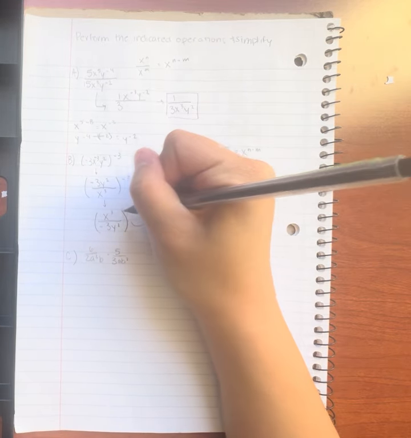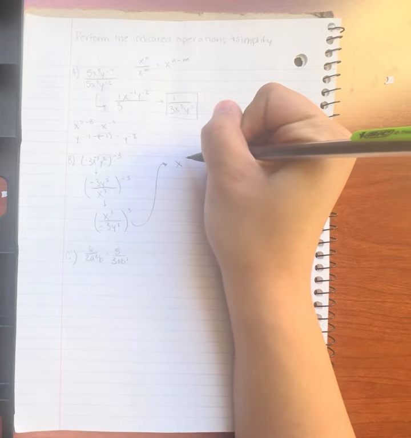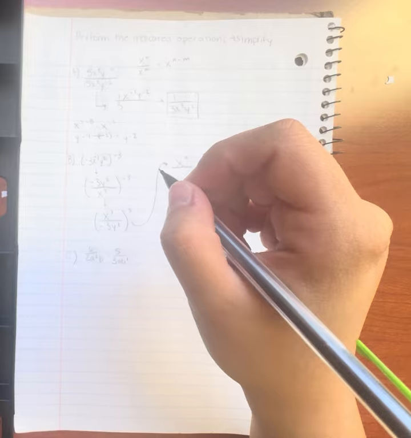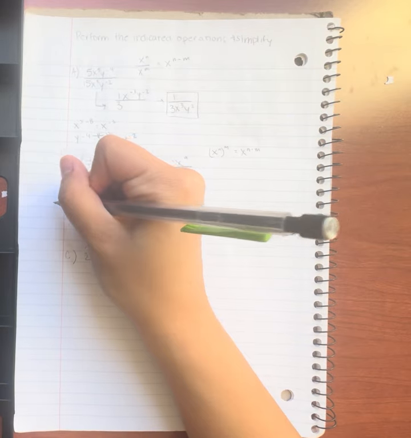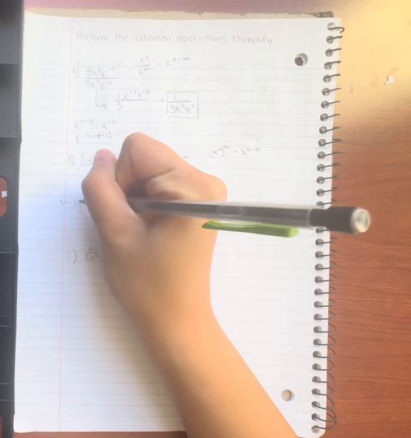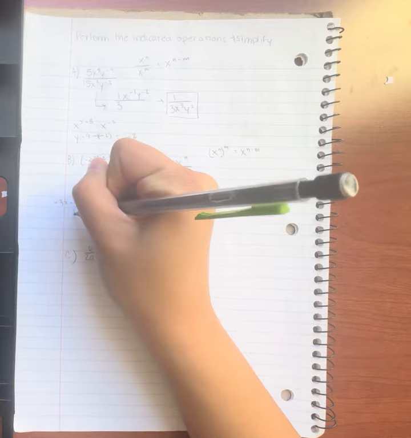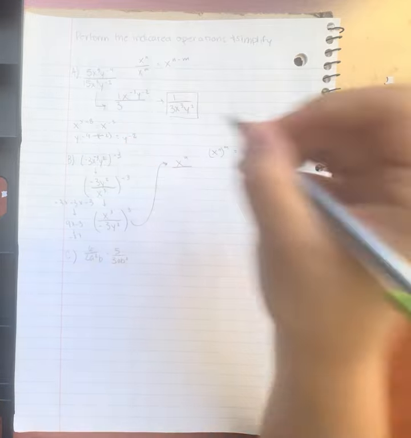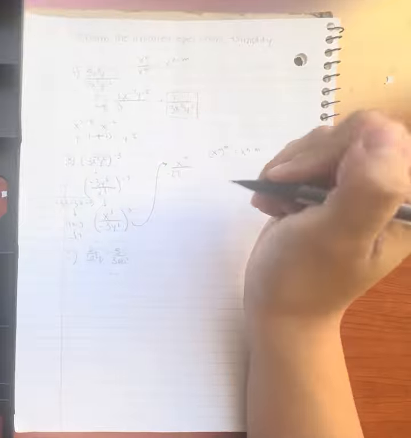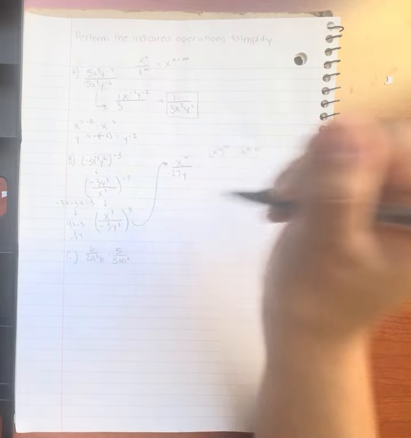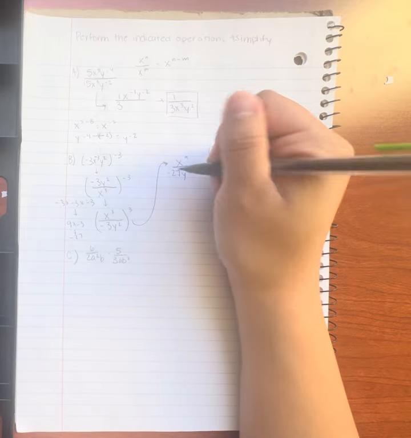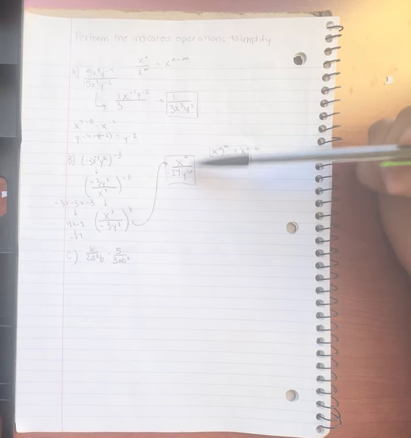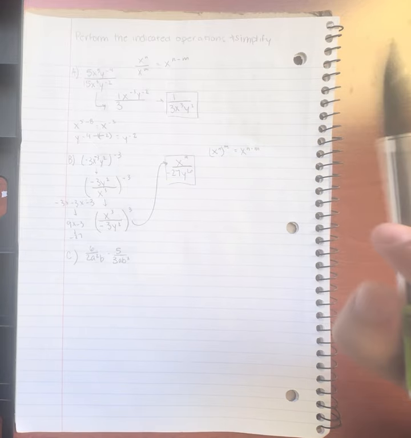So 3 times 3 is 9, x to the 9th. -3 times 3, just gonna work it out here, is -27. 2 times 3 is 6, so 1 to the 6th. And that's the answer. Then I check if I can simplify anymore, and I cannot. So I know that's the final answer.